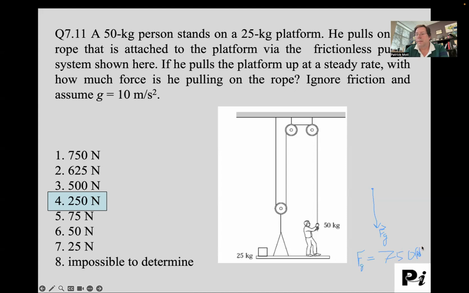All right. And there are how many forces of tension pulling up on the system? There's one here, and one here. So 3 times the force of tension.